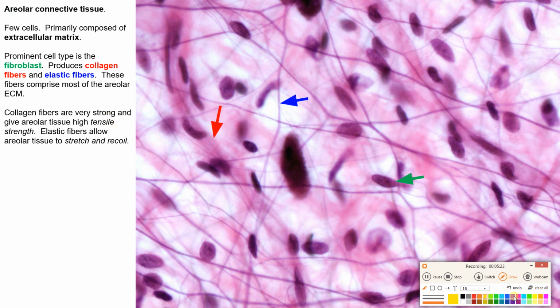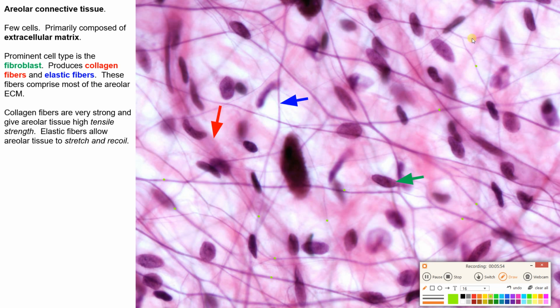All of these little skinny lines are fibers called elastic fibers. Darker, purpler, skinny lines are elastic fibers. If something is elastic, it can stretch and it can recoil. So it can change shape and then go back to its original shape. So lots of elastic fibers here.